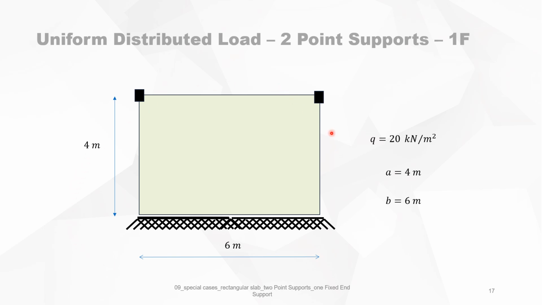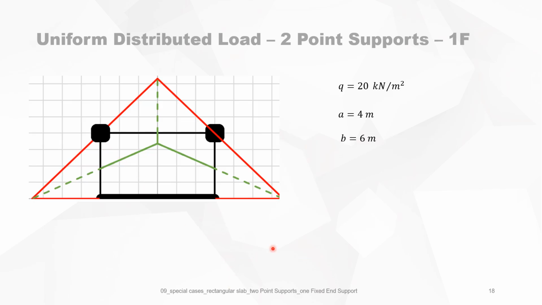We can now give you a small example of how this works. We have a slab 6 by 4 meters, with a fixed end support and 2 point supports, loaded by 20 kilonewtons per square meter. Mu is 1.5. Alpha is 27 degrees, and this is 21 degrees.